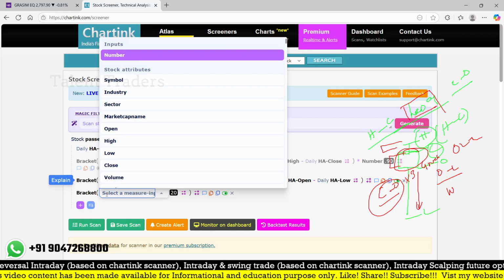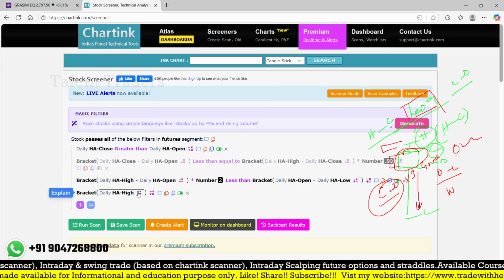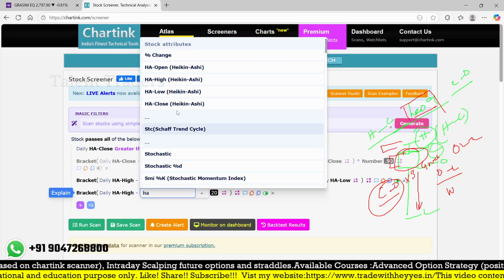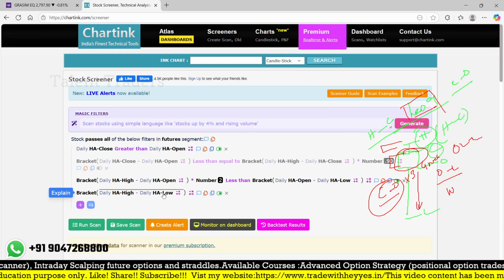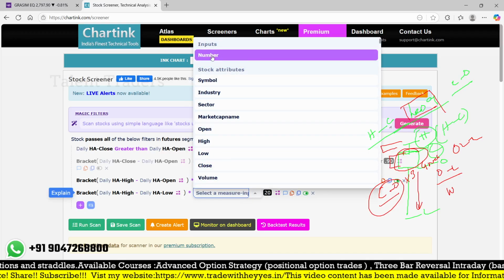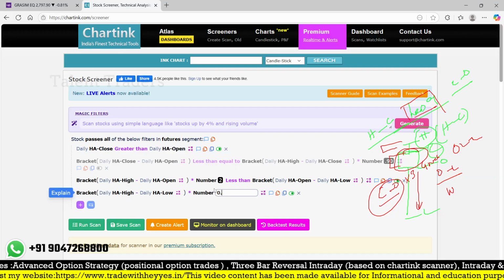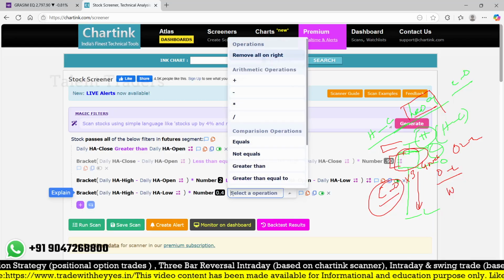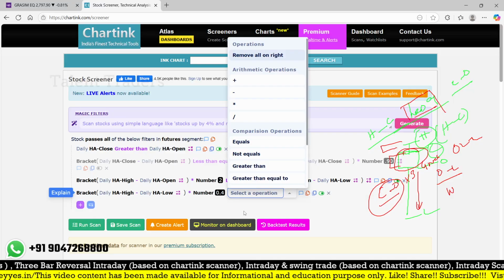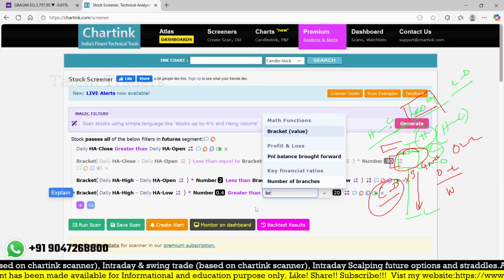Open minus low, Heikin Ashi open minus HA low. So we find it out. So we do the wick thing which we are going to calculate here. Instead of here, the wick should be just 0.4 times, and it should be greater than bracket.